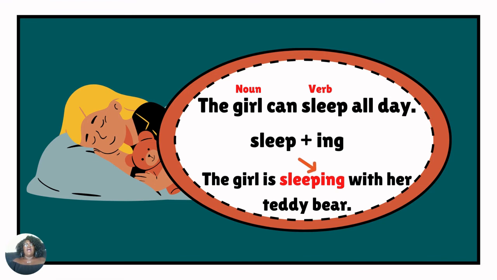Sleep plus ing becomes sleeping. Notice the arrow and the red word. The girl is sleeping with her teddy bear. Sleeping is the action verb. It is showing physical action. Next slide.